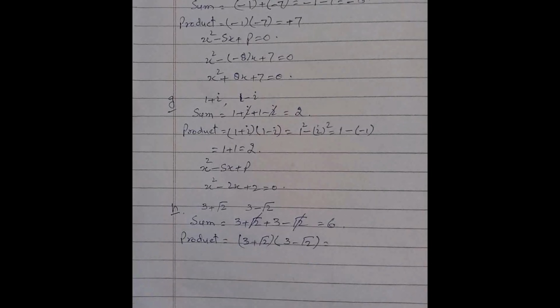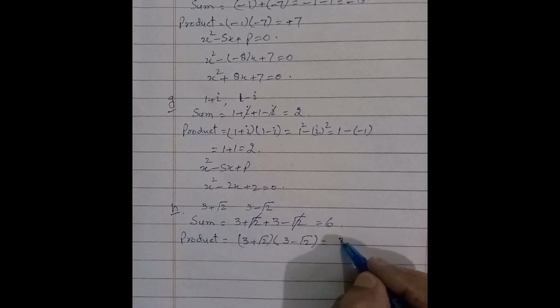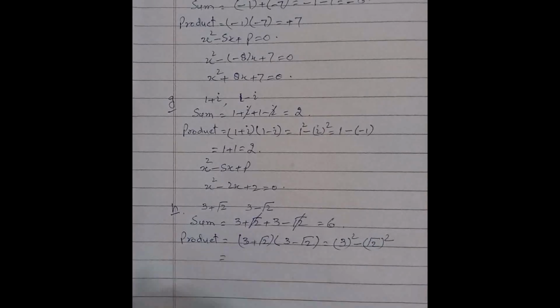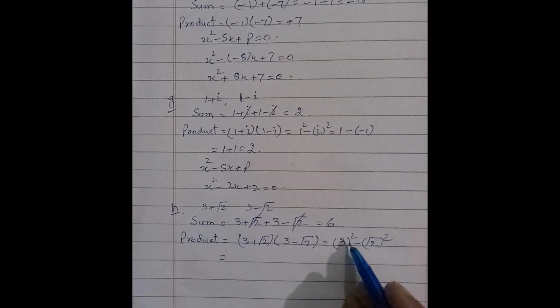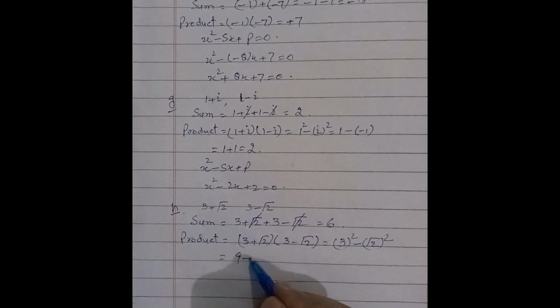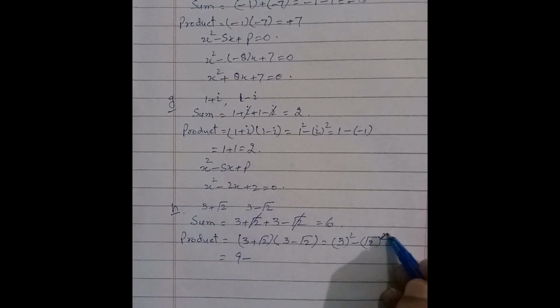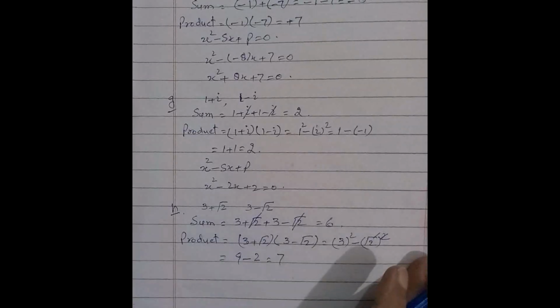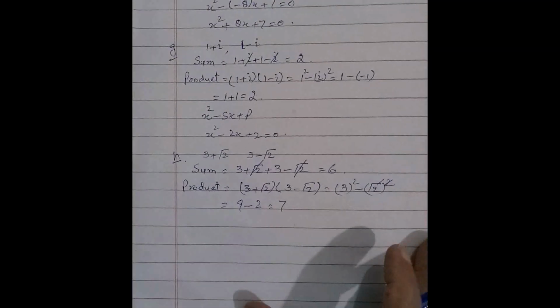The answer is a square minus b square. So 3 square minus square root 2 whole square. Now simplify it. 3 square is equal to 9 minus square root 2 whole square, and the square and square root cancel each other. We have 2. So 9 minus 2 is equal to 7, which is the product of the roots.